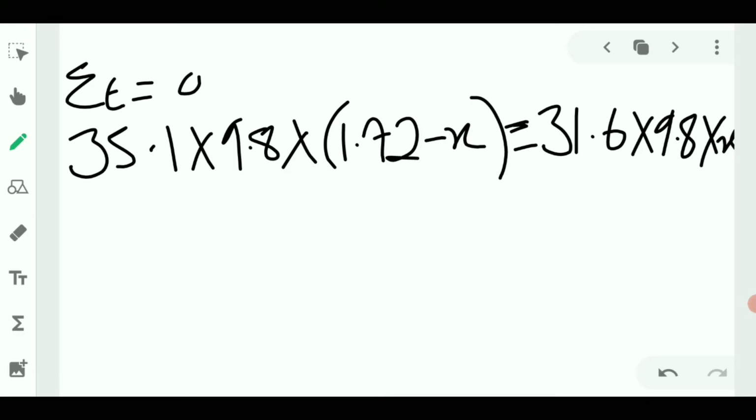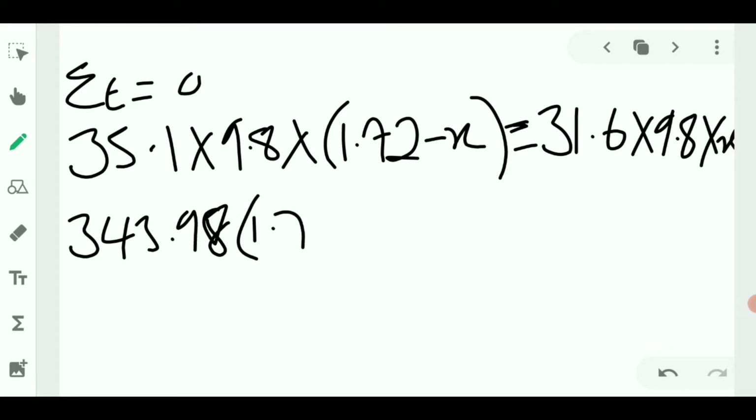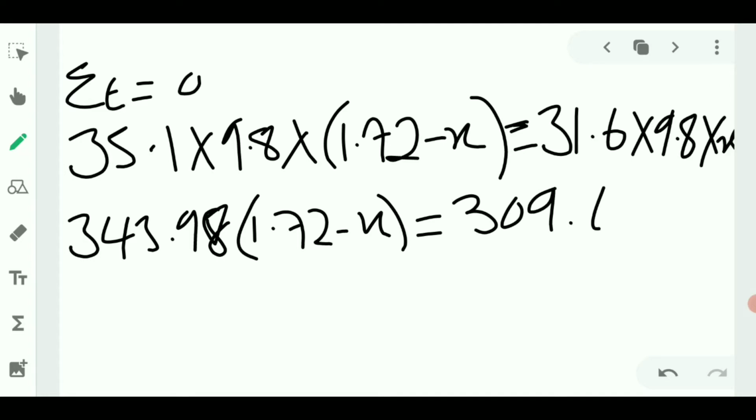On this side of the equation, when you calculate 35.1 times 9.8, that should give you 343.98. You still have the 1.72 there, minus x for now. On the other side of the equation, you should get 309.68x.